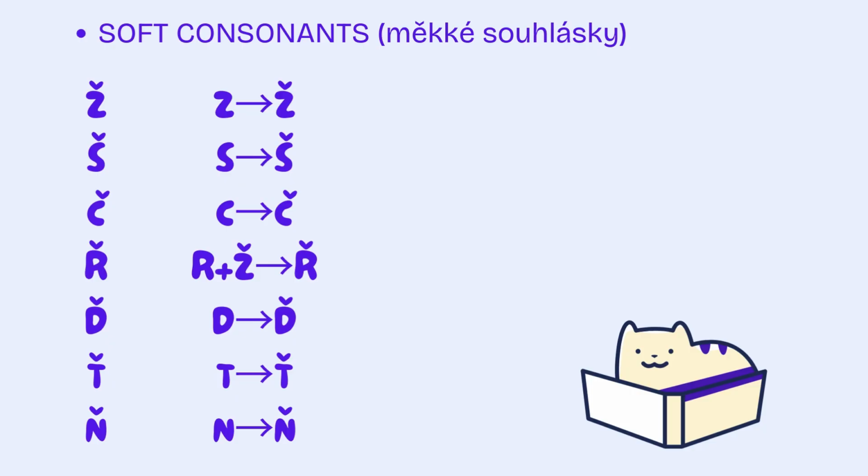Let's try the next one. You start with S and you turn it into Š. Next one. C turning into Č. So now we have Ž, Š, Č.